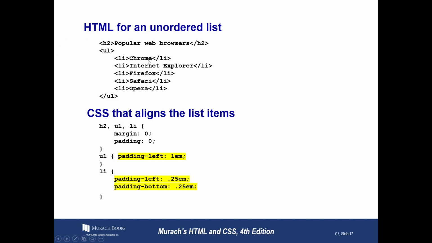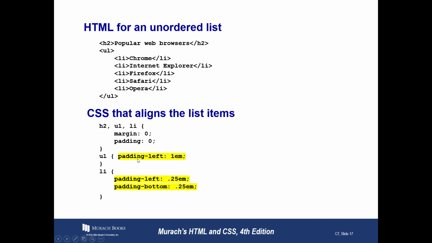So they've got a list here of popular web browsers, and then they are aligning them. The first thing you'll notice up here is that for the H2 tag, the unordered list tag, and the list item tags, and that's what the LI stands for, we're turning off all margin and all padding.